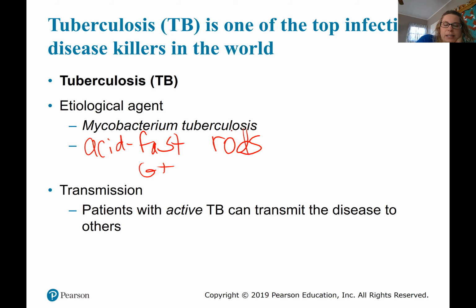The acid-fast bacteria, remember, they have that waxy mycolic acid. Okay, and because of that, we have to do that acid-fast staining technique as opposed to gram stain to identify them.